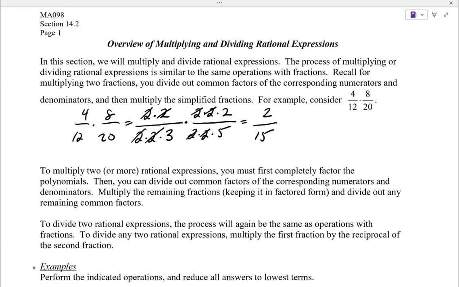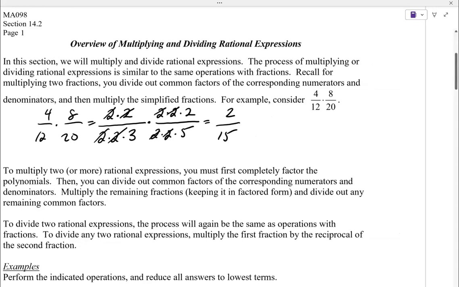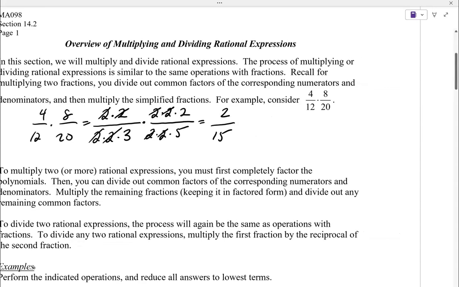Let's see if we can remind ourselves of something different. Maybe if we did, let's say you did 3/14 divided by, let's say, 9/7. So let's say we did division instead. How do you handle division when you have fractions? What do you do?